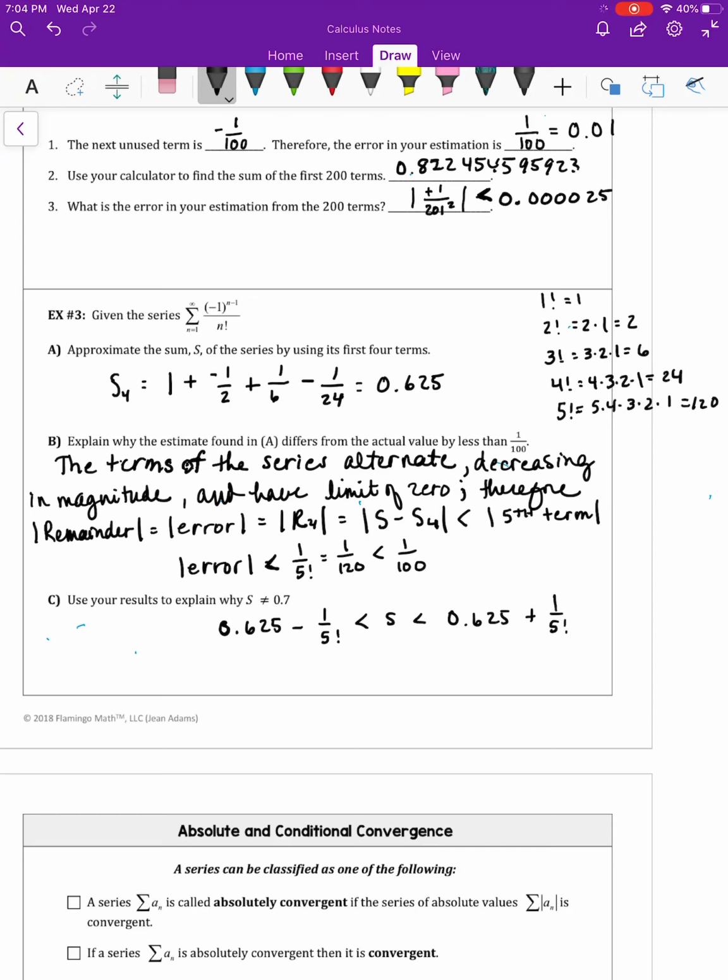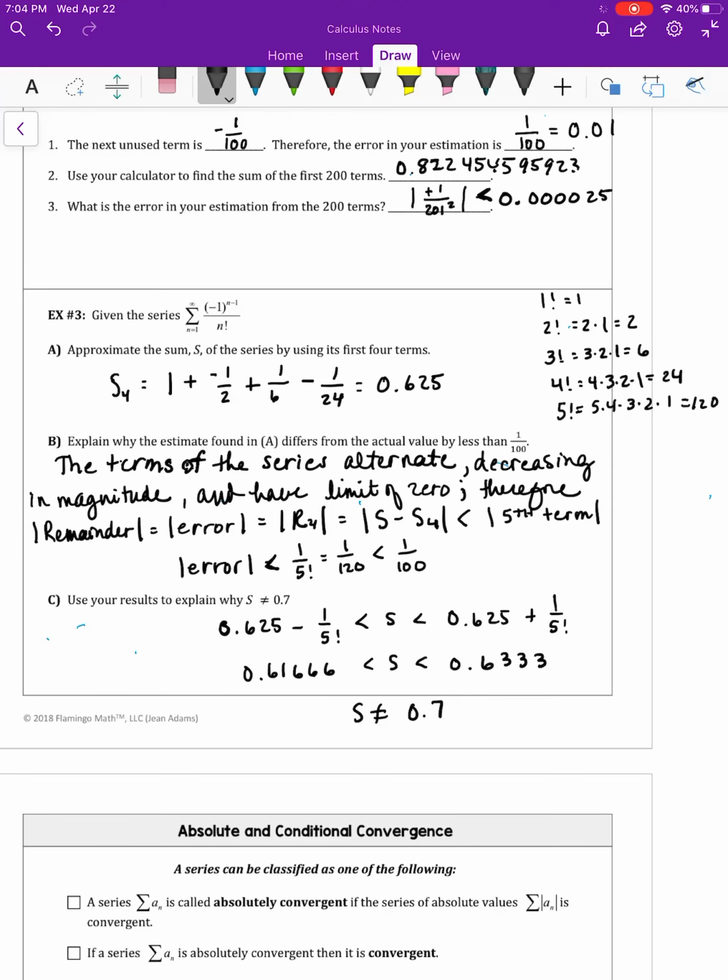And then it says, use your results to explain why S can't be 0.7. So you've got your S sub 4 minus your error, and you've got your S sub 4 plus your error. So your S has to lie between these two.